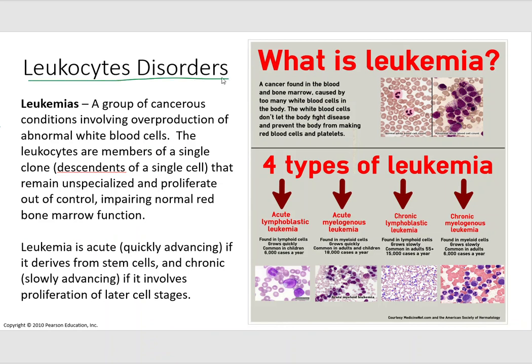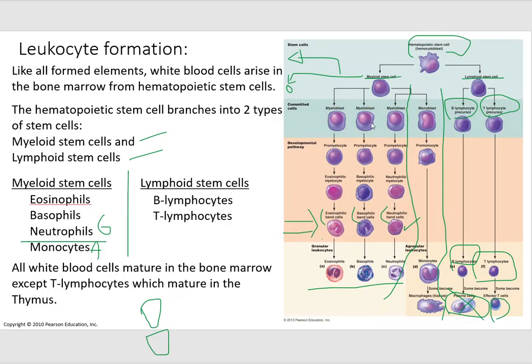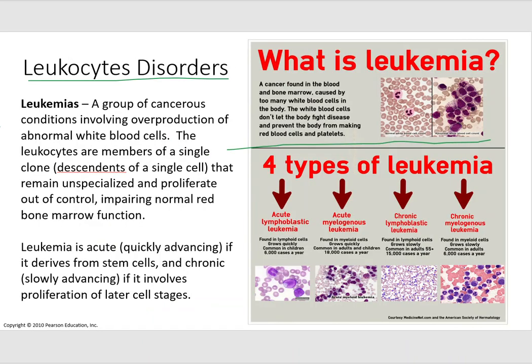Leukocyte disorders, what can go wrong? Well, lots of stuff. Leukemia. Leukemia is where we get one of these, either these blast cells or something further down here, that are going to grow out of control. They're going to grow even though we may not need those type of cells.